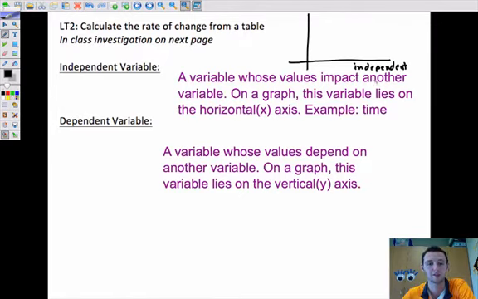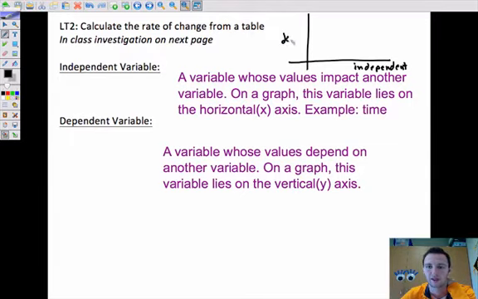A dependent variable is a variable whose values depend on another variable. So this word depend shows up right there in dependent variable. On a graph, this is the variable that lies on the vertical or y-axis.